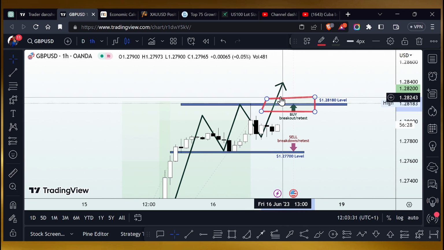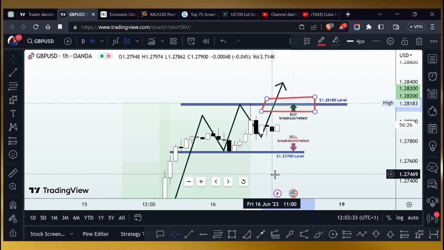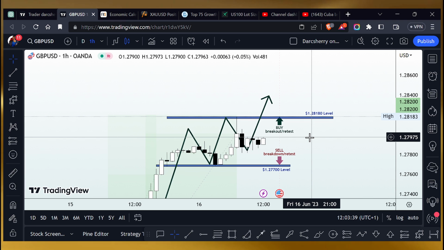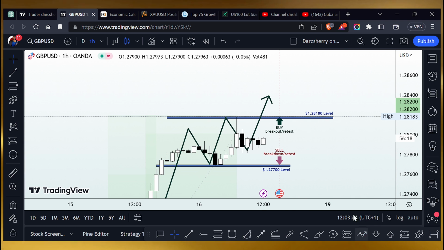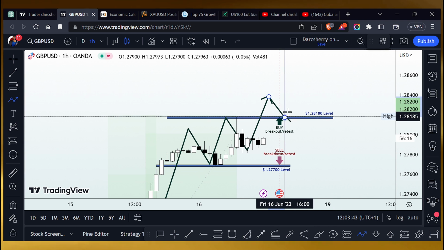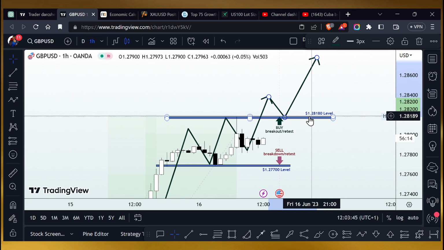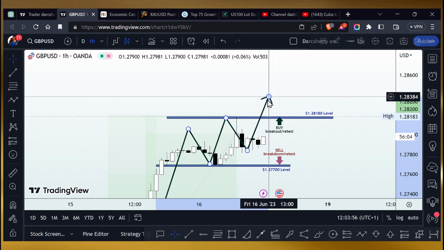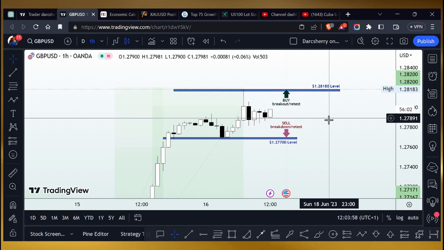So in that regard, I'm going to be having a buy stop order above the 1.28180 to see if we can capture a potential trend continuation to the upside. So that is how we are going to be maximizing the potential of a bullish momentum here, setting ourselves up above the 1.28180 to capture any potential move to the upside. So that is how we are going to be buying the GBPUSD for today.